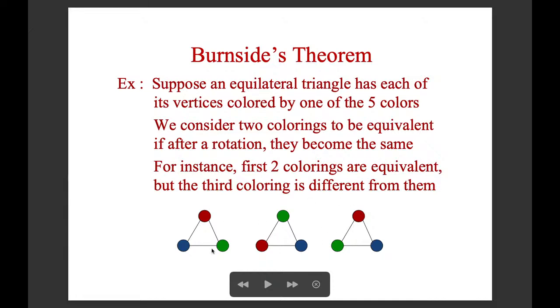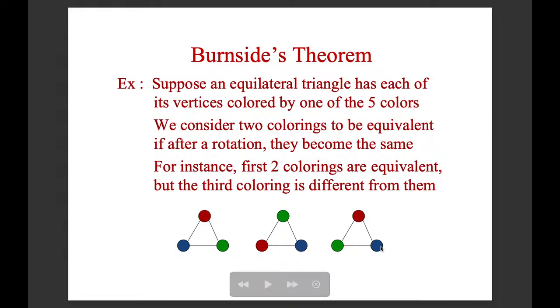The first 2 are the same, but the last one is not, because no matter how you rotate it, it cannot be equal to the first 2. So only these 2 are the same, and this one is not.